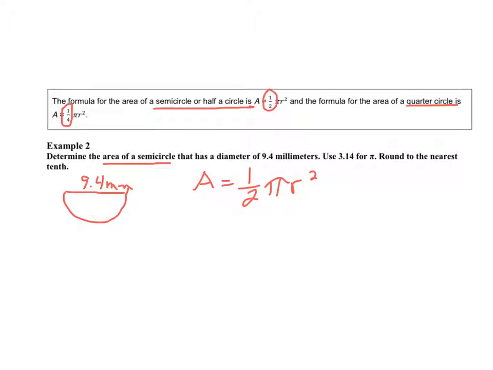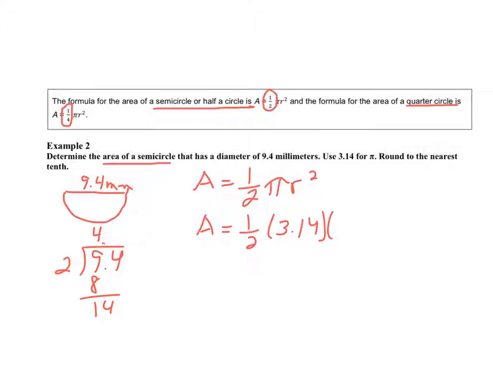So let's fill in what we know. Area equals 1/2, pi, 3.14. The r, we don't know yet. I know the diameter, so I have to divide this by 2 to figure out what my radius really is, and that is 4.7. So that is 4.7 times 4.7.